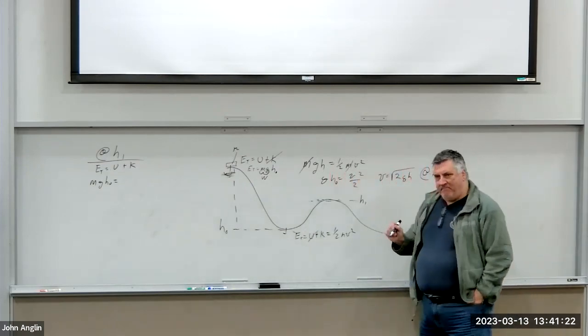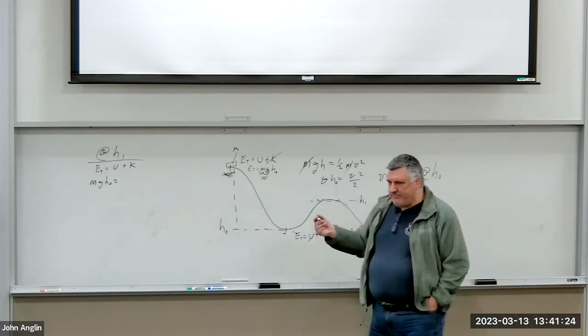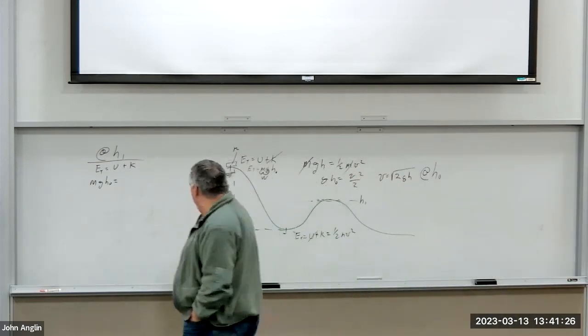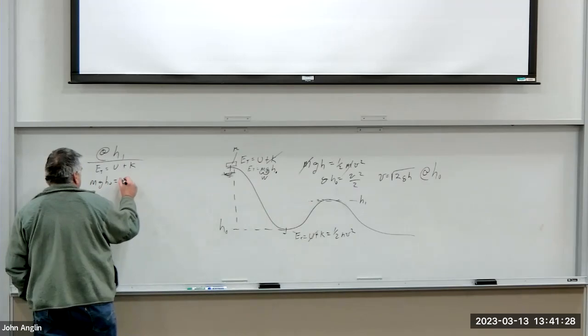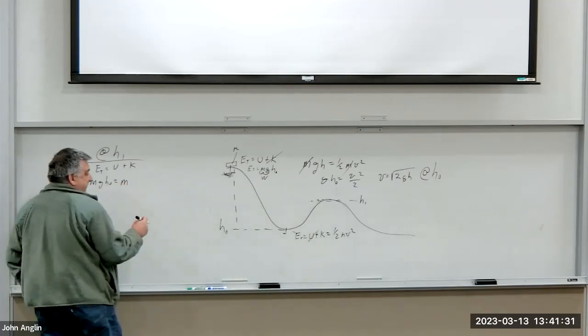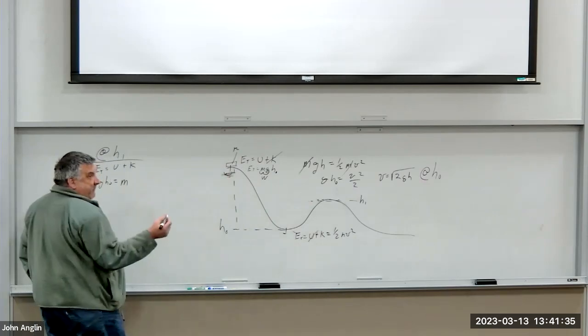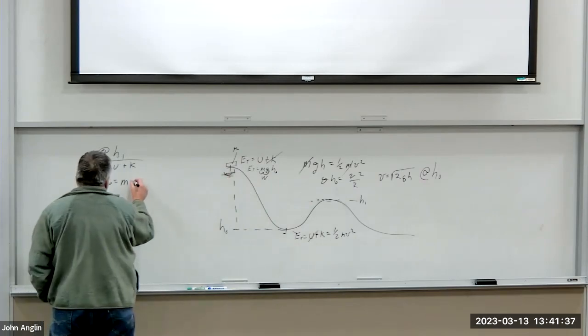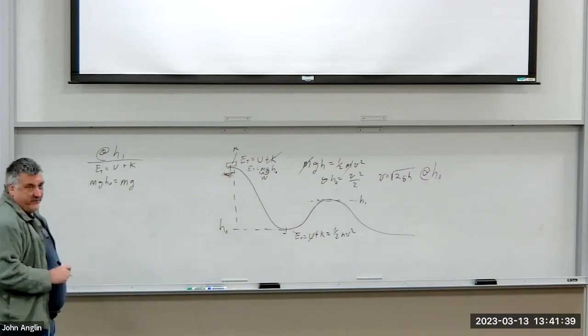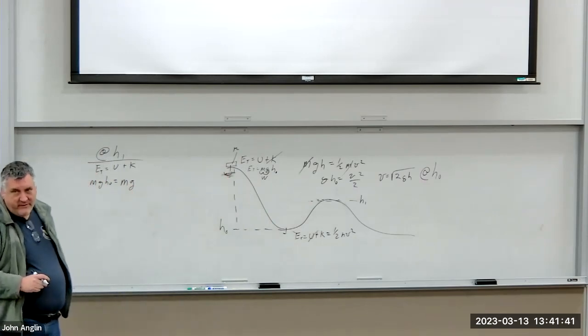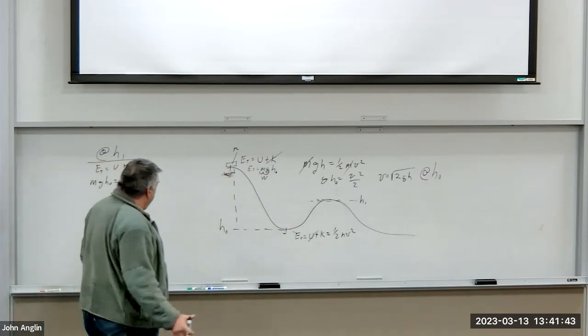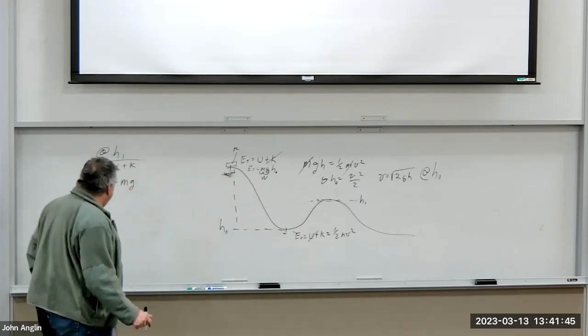This is H1. So how much potential is in the system at H1? The mass hasn't changed. Nobody's come flying out of the car. No parts have fallen off. The acceleration due to gravity has not changed. Acceleration due to gravity is still 9.81 meters per second squared, anywhere along this.